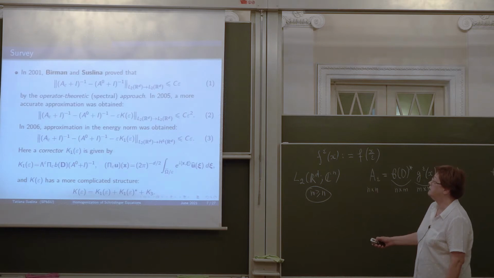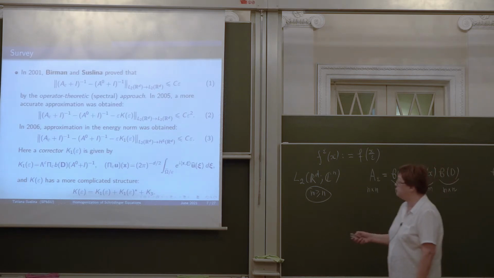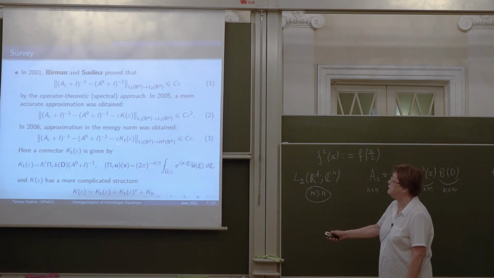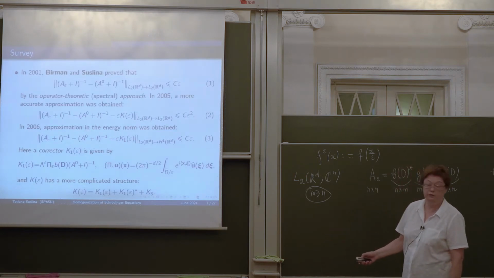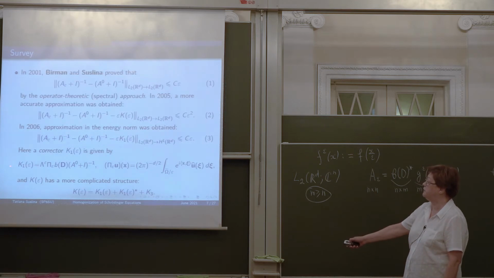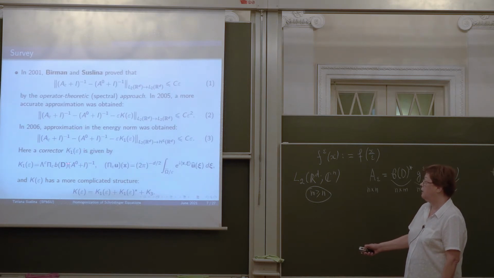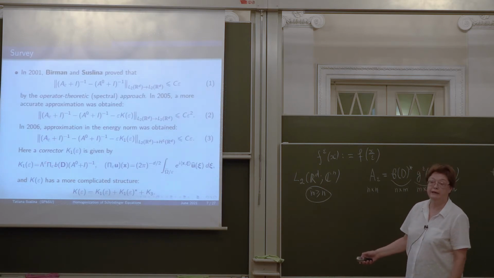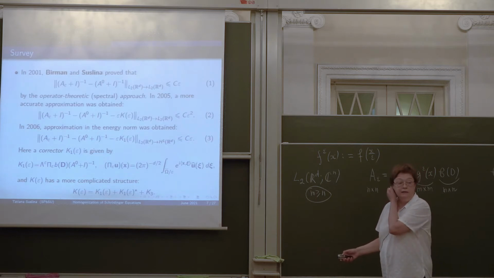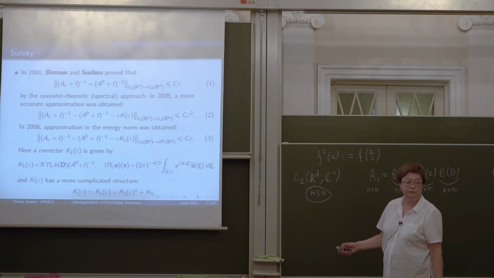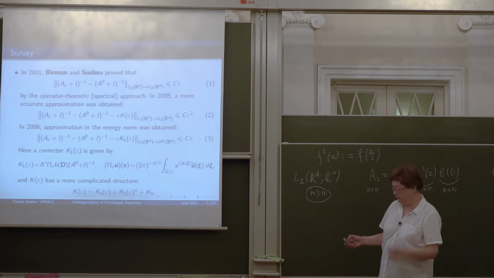Now we define the correctors, and first we define this K1, which is more or less the standard corrector known in homogenization theory. Here it is. This corrector involves the resolvent of the effective operator, the differential operator B of D. Lambda epsilon is multiplication by the rapidly oscillating matrix-valued function, lambda of x over epsilon.